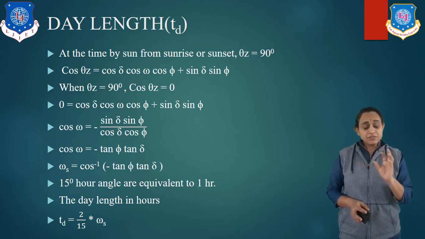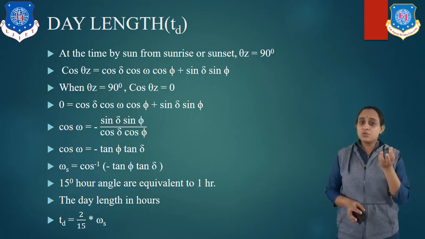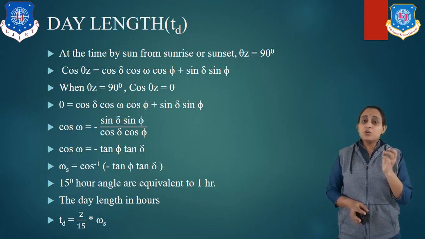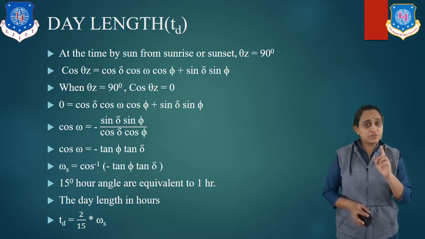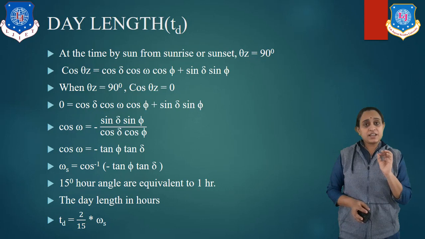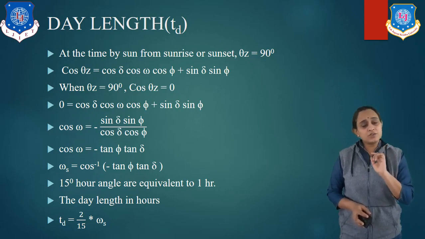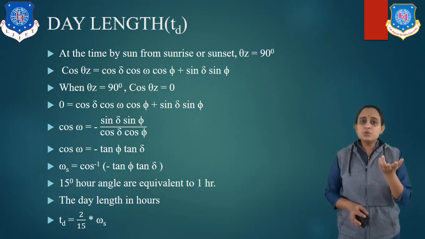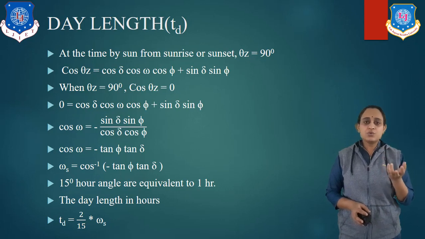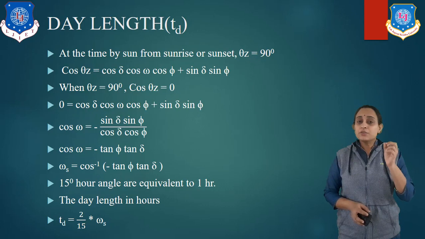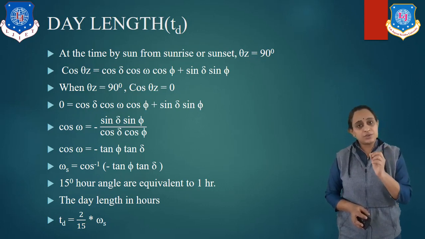It means if it rotates in a 24-hour time, how many degrees will it take to complete 1 hour? Obviously, if you do 360 by 24, you will get 15 degrees as the answer. So we are considering 15 degrees as 1 hour.